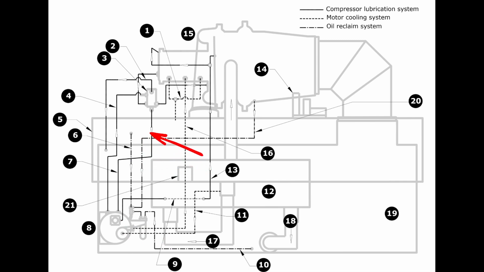Now in this particular series, the vent comes up here on this particular line, and then hits our oil separator, and then that oil separator vents out back into our evaporator. So this oil separator is also processing our thrust bearing oil and our journal bearing oil coming off the motor and the compressor.